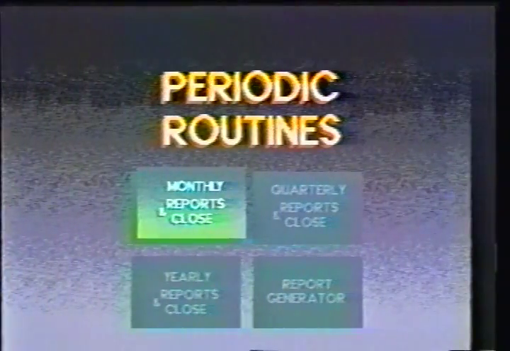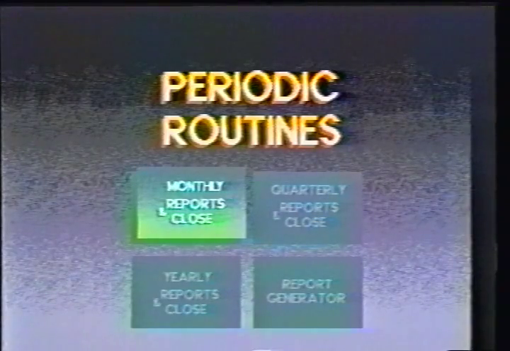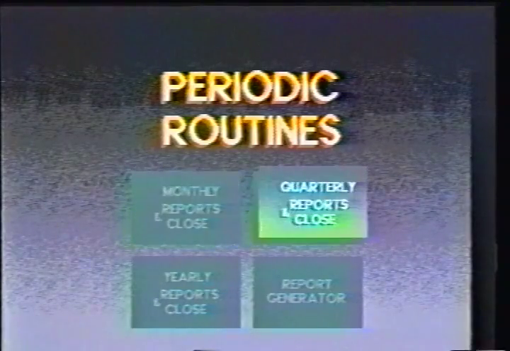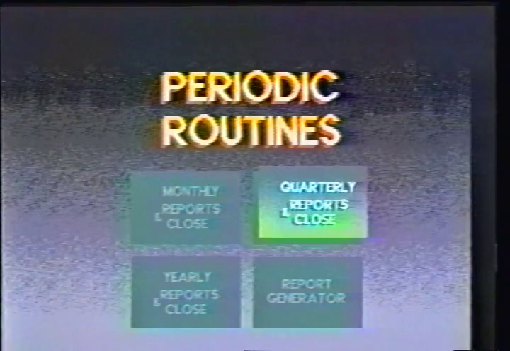Chapter 5 and 6 cover the periodic routines and the powerful report generator. Each month, print the monthly report, run the reconciliation and purge routines, and then close the month. With DacEasy Payroll, you must run the quarterly report and close out each quarter.